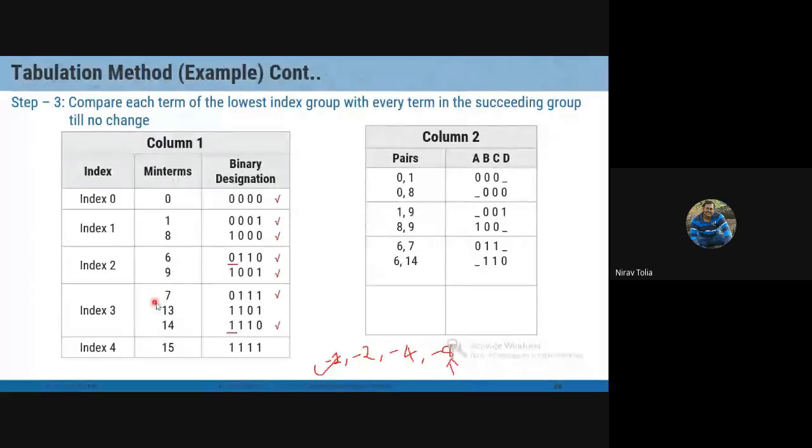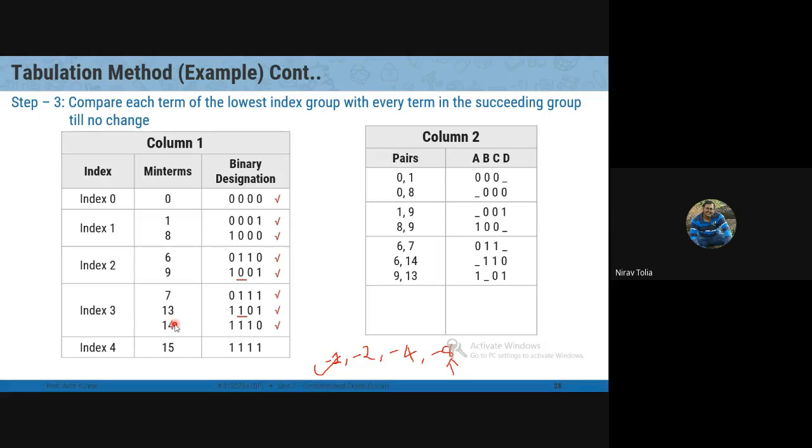Then 9 minus 7, plus 2. If it is plus 2, it is not considered. If my answer is minus 1, minus 2, minus 4 or minus 8, then and only then the pair is possible. So 9 minus 7, plus 2, not possible. 9 minus 13, minus 4, so the pair is possible. 9 minus 14, minus 5, so not possible.